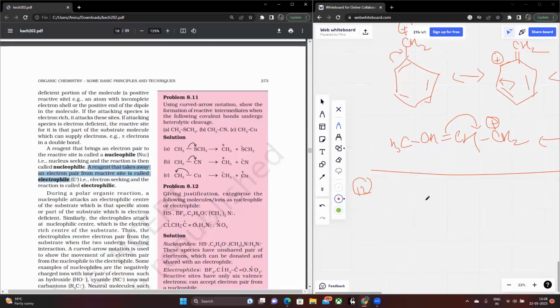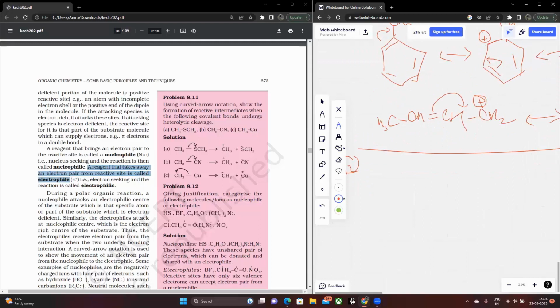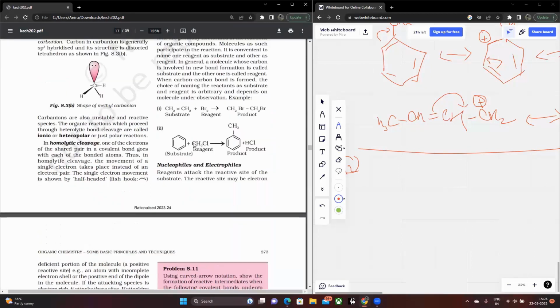What basically they mean is that an attacking reagent, a reagent that is attacking a substrate, right? If that reagent has an electron pair in excess and provides it to the substrate, it's called a nucleophile, right?